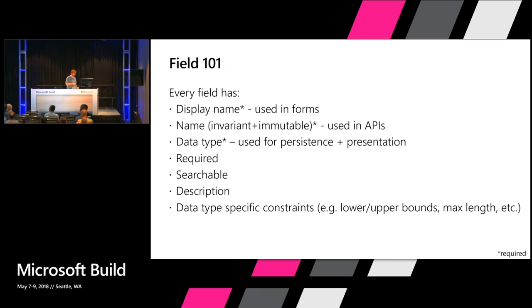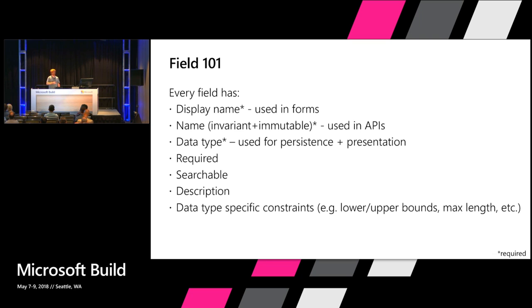Now, fields. For every field, there is a display name that's used in forms. There is a name, which is invariant and immutable, which is used in the APIs. There is a data type, which is used for persistence and presentation. It also informs us in our various client UXs how to light up certain special functionality. So for example, if you tell us, hey, I have this thing that's a ticker symbol, we have a little link next to it where you can click and we'll pull up the Bing data for that particular stock market symbol.